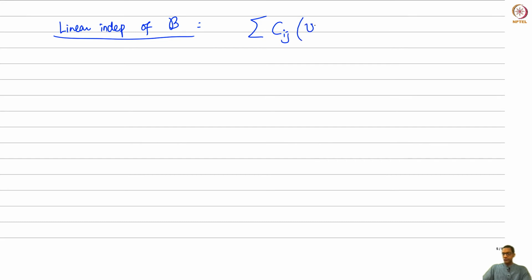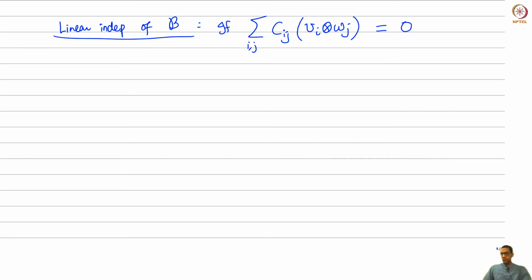Okay, now we just need to show that B is linearly independent. So let's show linear independence of B. What that means is you need to take a linear combination Cij Vi tensor Wj, over all i's and j's running over the appropriate indices. Suppose this is 0.